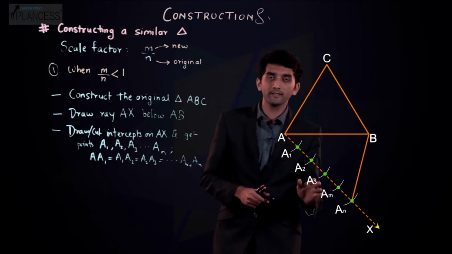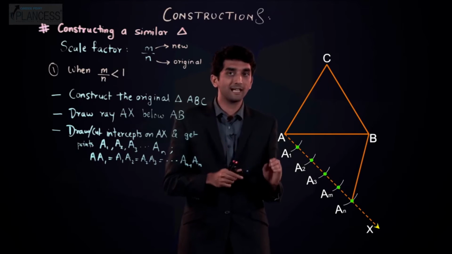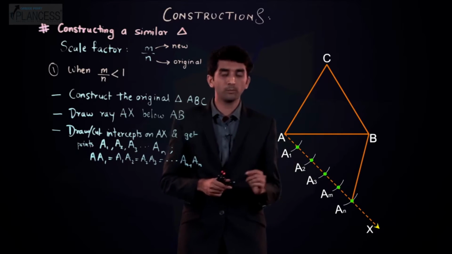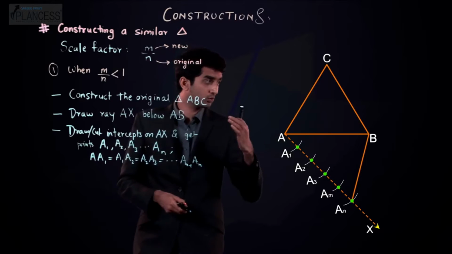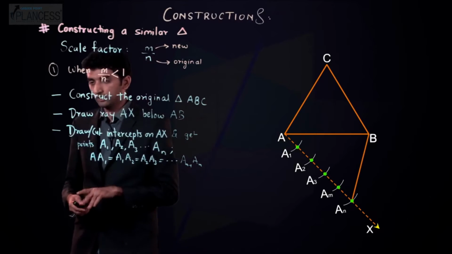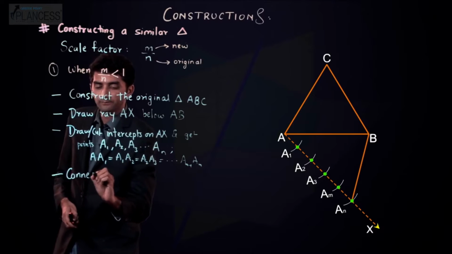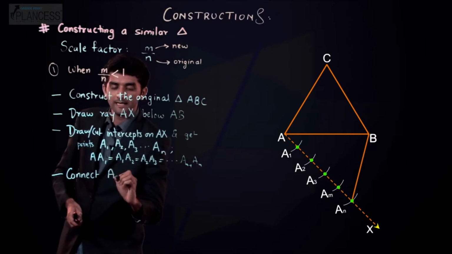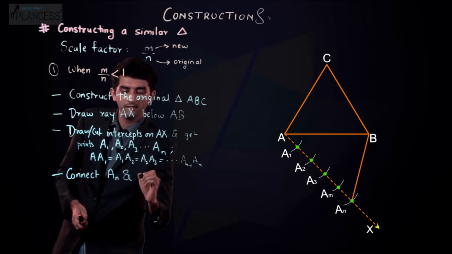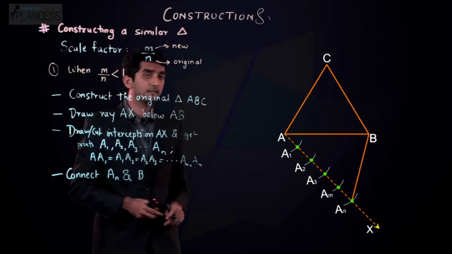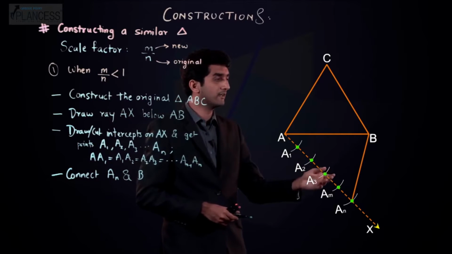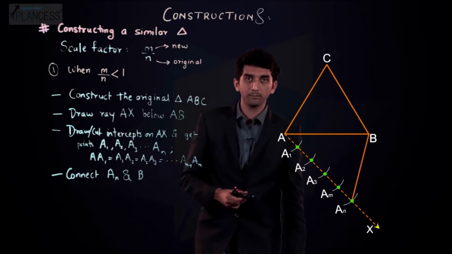Now after doing this, the next step is to connect AN to point B, the point B which is known to us on the horizontal axis. So the next step that we have to do is connect AN and B. So as you can see in the construction, we have connected AN to the point B.